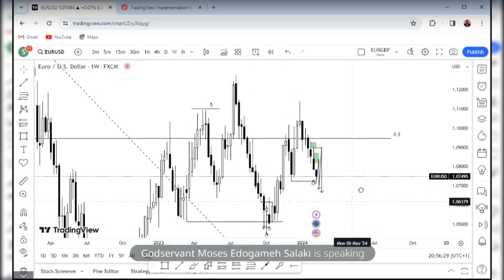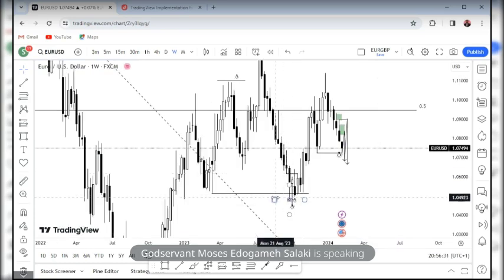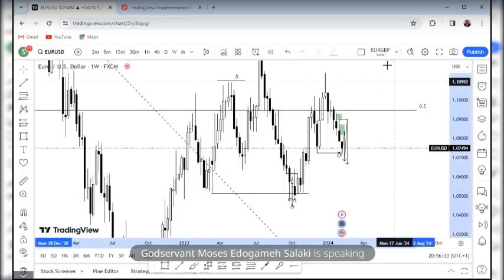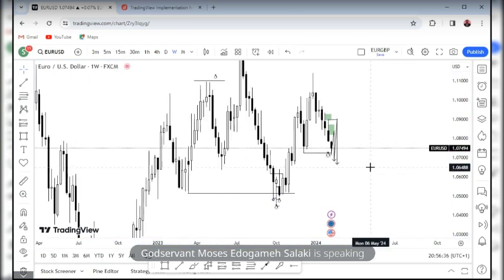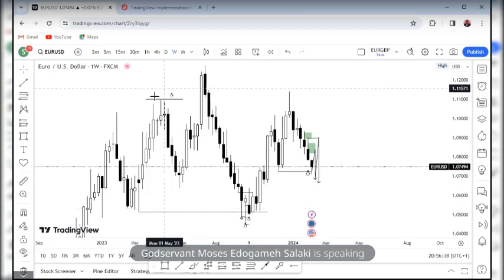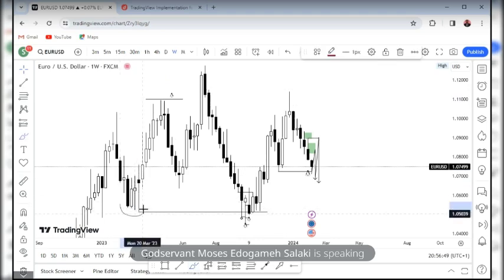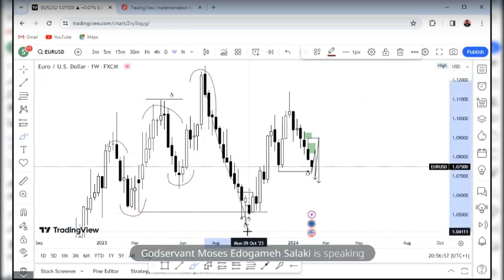You can see clearly that the candle closed below. I like a clean chart, so let me remove this. Price swept liquidity, the exact model I drew just now. Price broke this low and this low, because this was the structure: a low, a high, a higher high, higher low, higher high, and price rallied down, breaking these two zones.